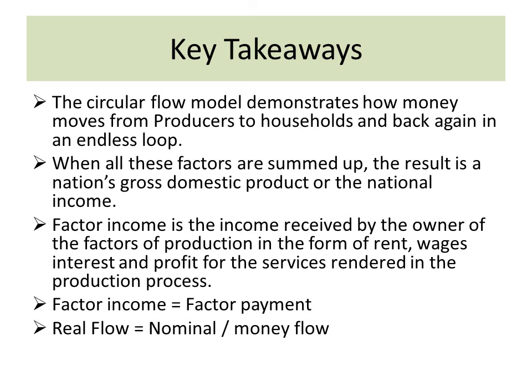So here we can see that factor income in a two sector economy is always equal to factor payment, and real flow is always equal to the nominal or money flow. Whatever value of goods we are producing, the same value we get back from the household. Again we invest this money to get the factors of production. So this chain keeps on going.